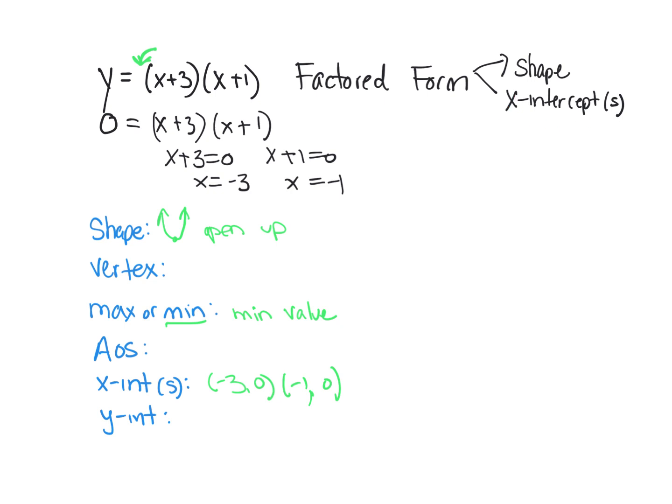Now, there are a couple different ways we can go about finding the other pieces of information here. And as you get better at this, you'll see the multiple ways. Right now, I'm going to have you take a moment, pause the video if you need to, and multiply this factored form and get it into standard form. So what I want is for it to be y equals ax squared plus bx plus c.